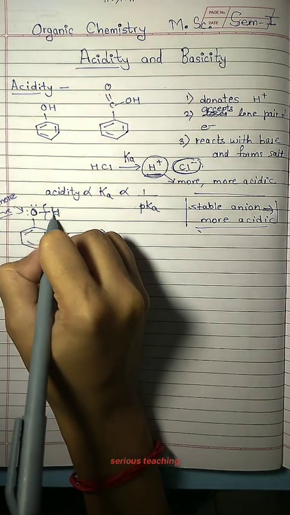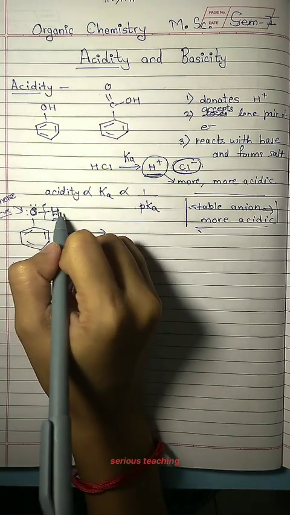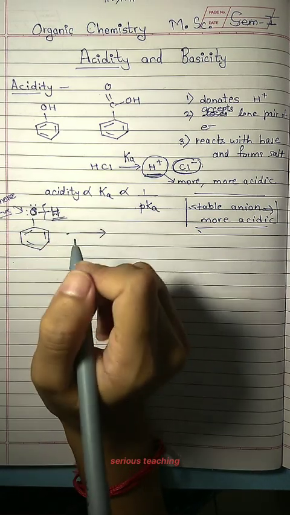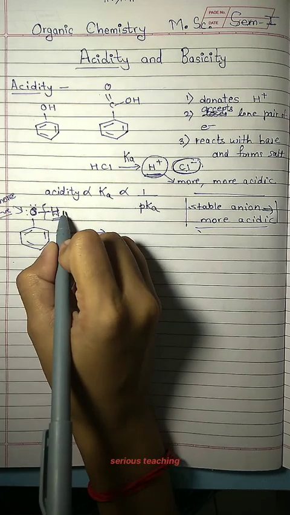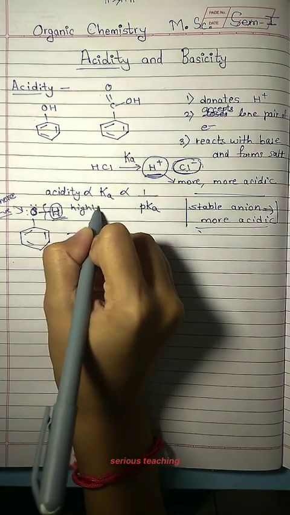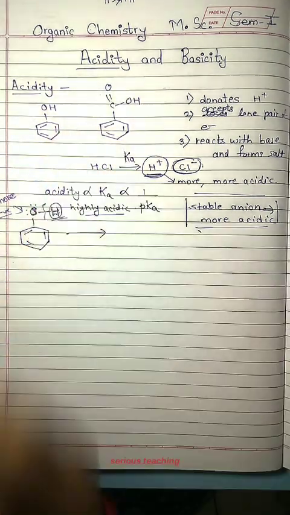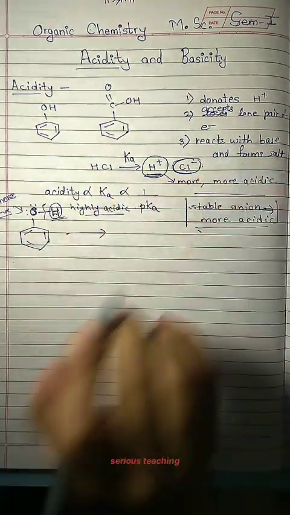Therefore, if any hydrogen atom is attached directly to any electronegative group, that hydrogen becomes very highly acidic. Whenever a highly acidic hydrogen is present, that bond breaks and that hydrogen is removed.